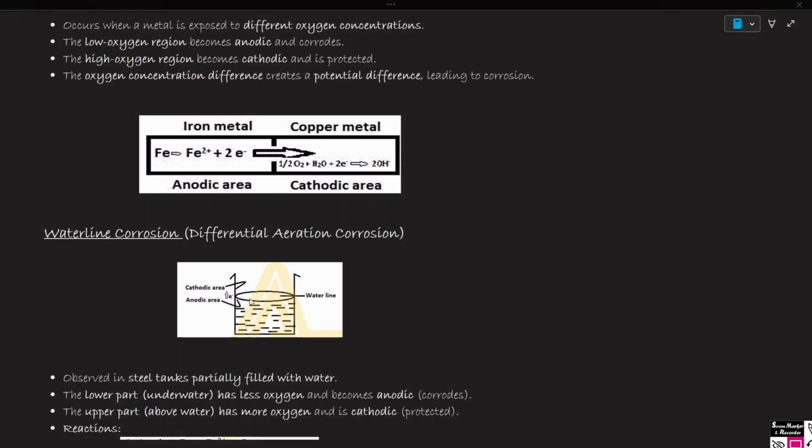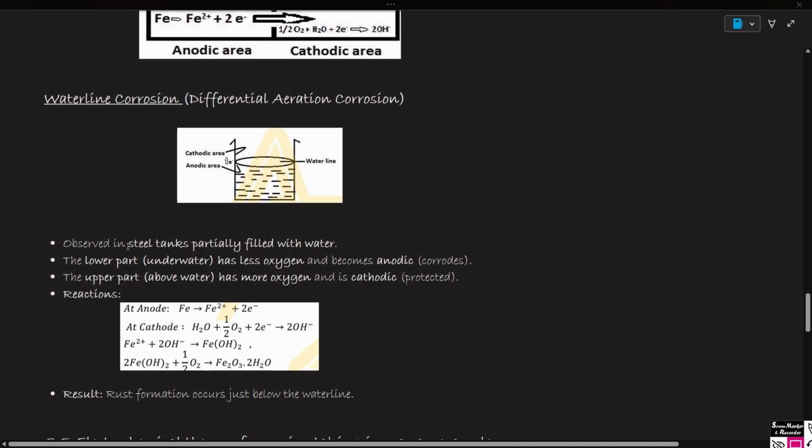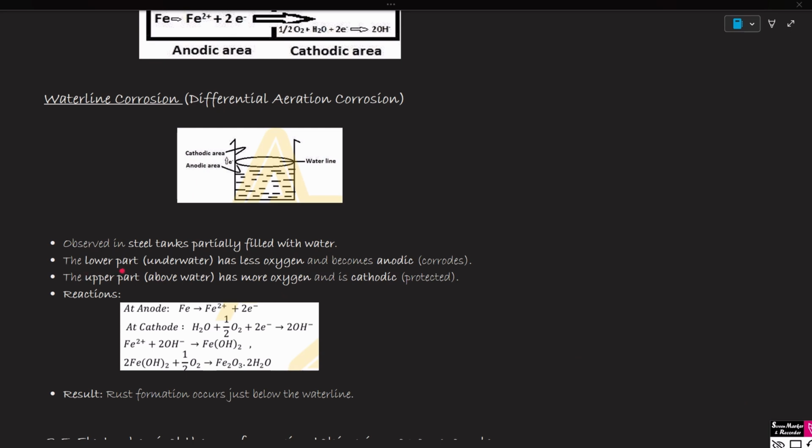Waterline corrosion is mainly seen in steel tanks, a steel tank partially filled with water. The tank is not totally filled; here we have water and the upper part of the tank is empty. The lower part, which is underwater, has less oxygen supply and becomes anode. Anode means it gets corroded.